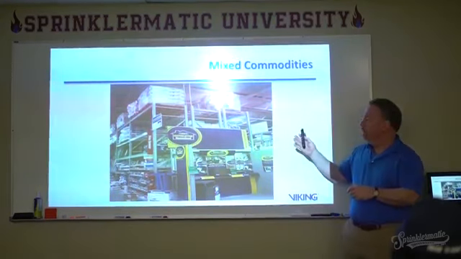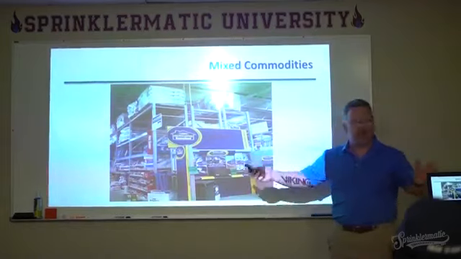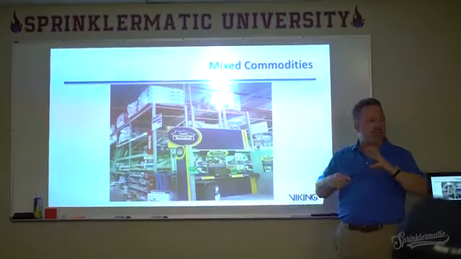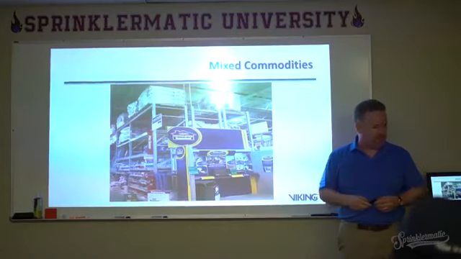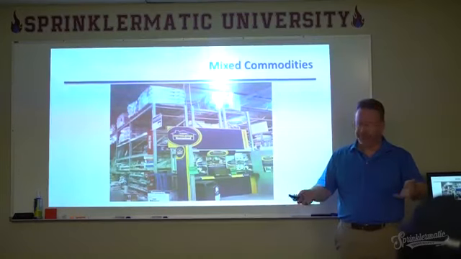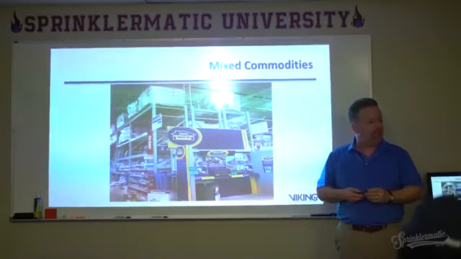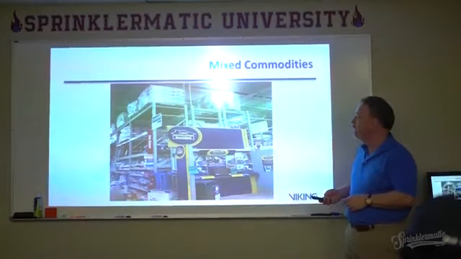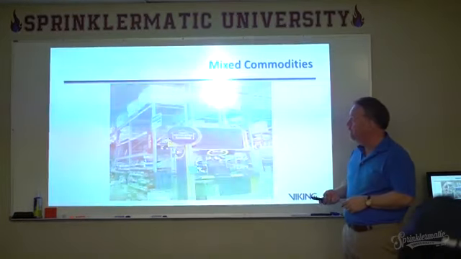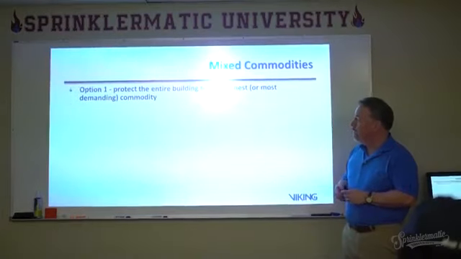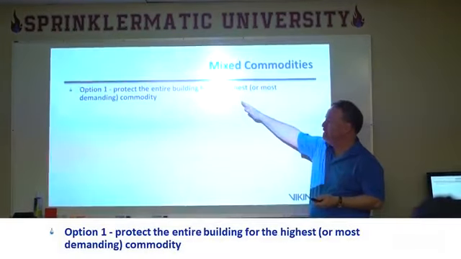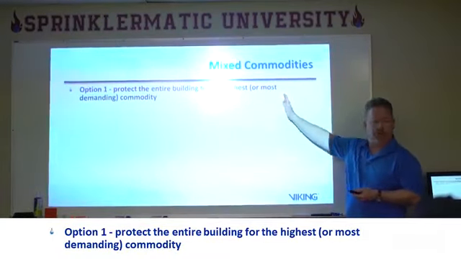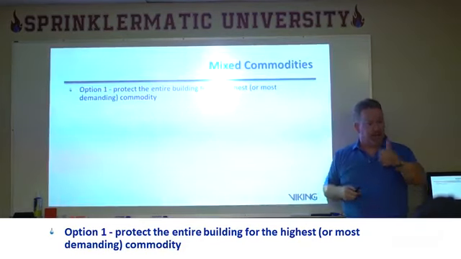So if it's purely mixed commodities and you can't segregate or separate anything anywhere, then you're going to be protecting it based on the most challenging commodity you have in the location. All right? So option 1, protect the entire building for the highest or most demanding commodity. Gold star.